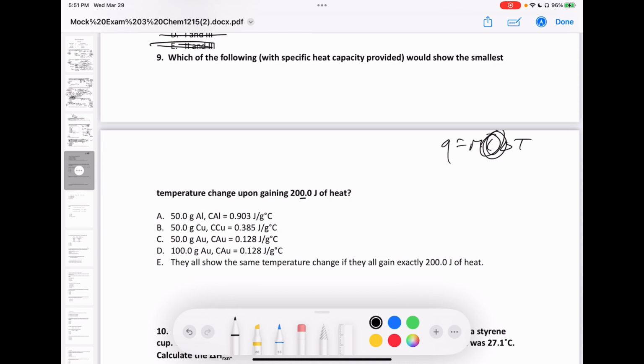I think of specific heat as a resistance to temperature change. If you have a large specific heat, you'll change temperature less. That's a good quantitative thing to think about, because that might be on the test, who knows.